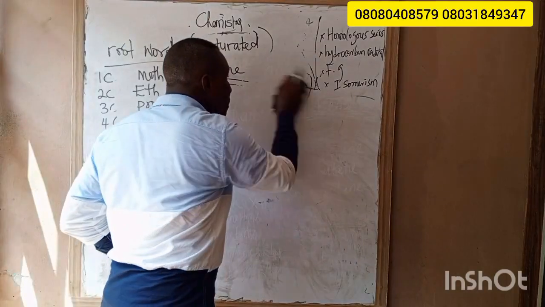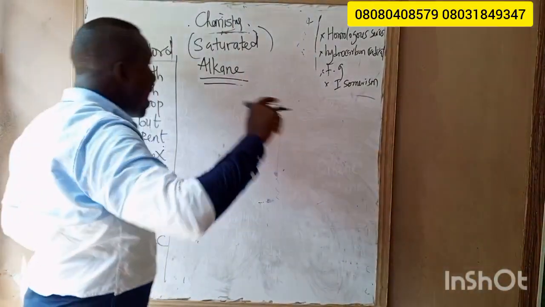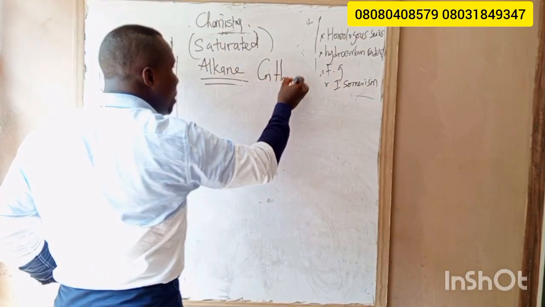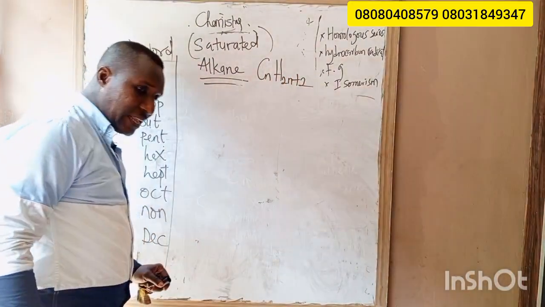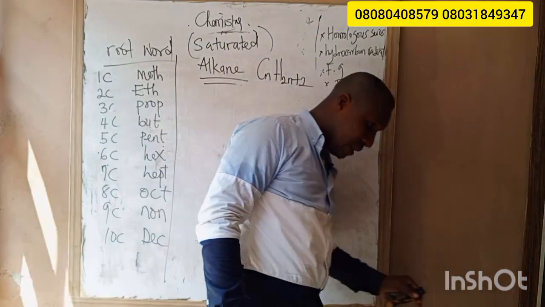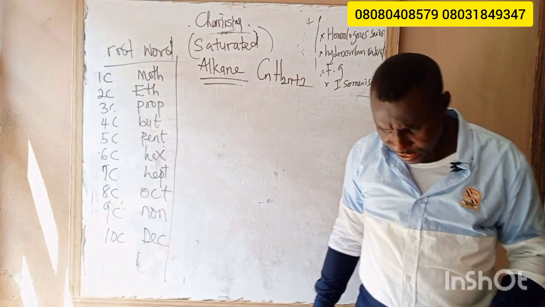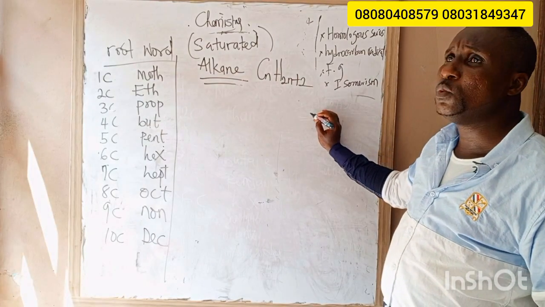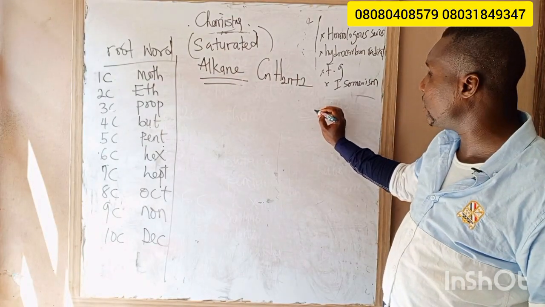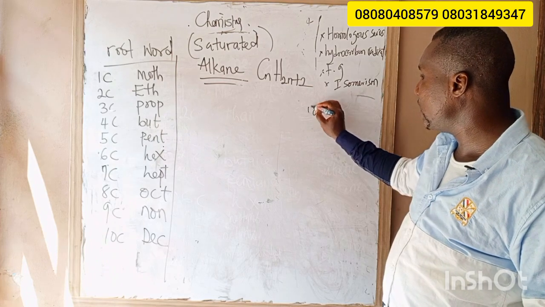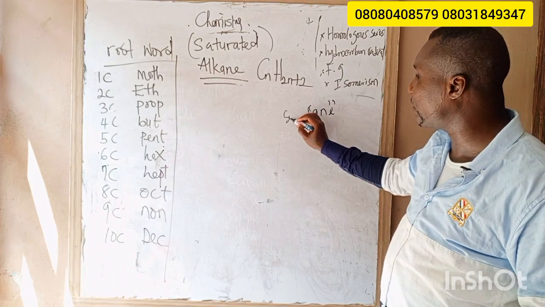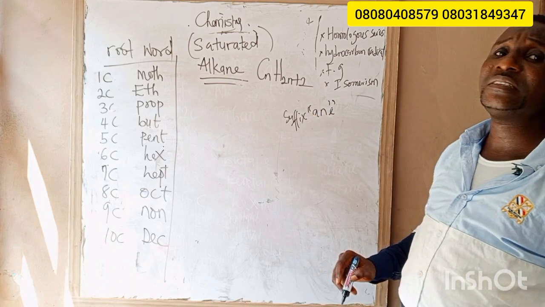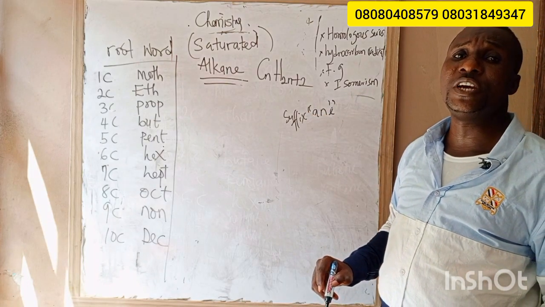Then I know that this alkane has a general formula of CnH2n plus 2. Please take note of that formula. There's a question that came out in JAM. It says a homologous series with a suffix of ANE has which of the following general formula?